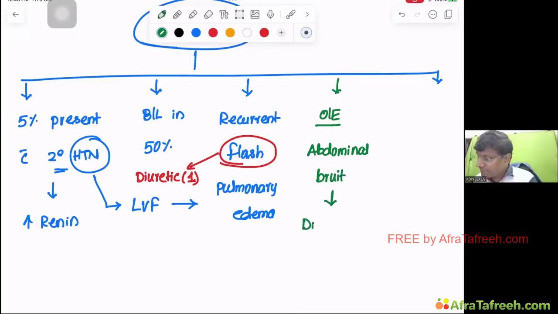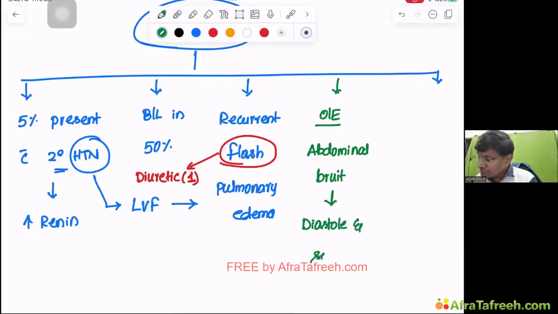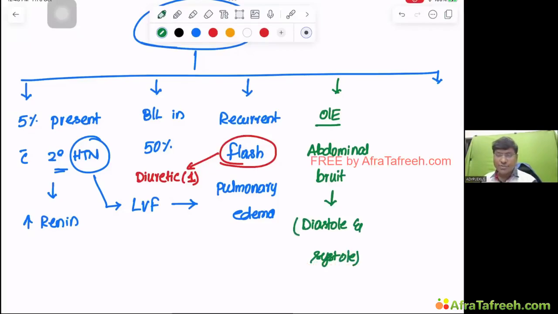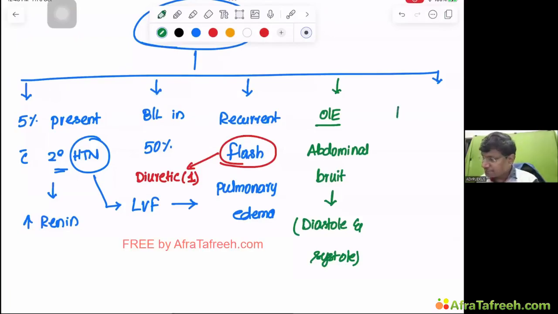This bruit is heard during both diastole as well as systole. So basically it is like a continuous murmur, right? That is on examination. Then what is the workup that you need to do in these patients? Because of this hypertension, what will be the patient's presentation? Headache, and that too, occipital headache.